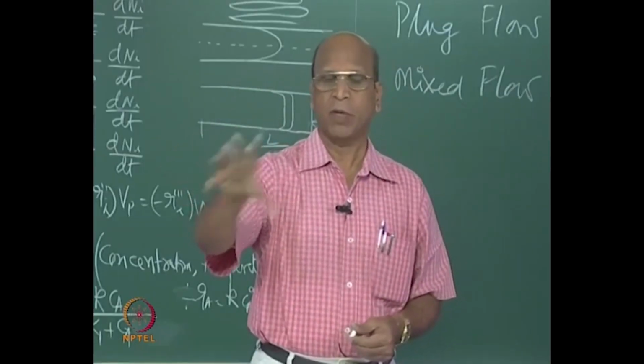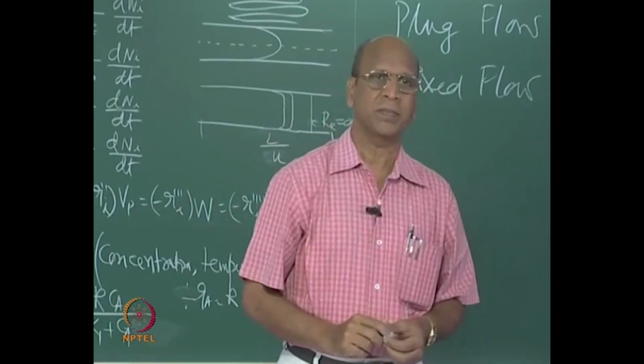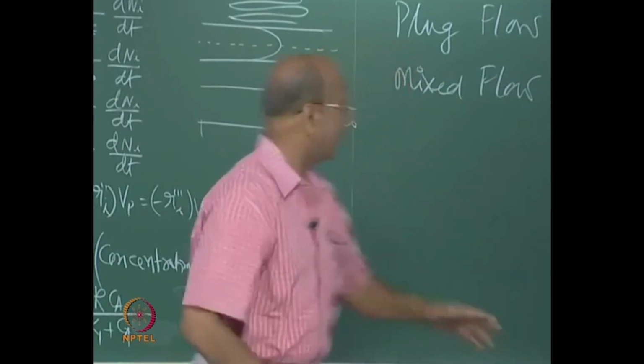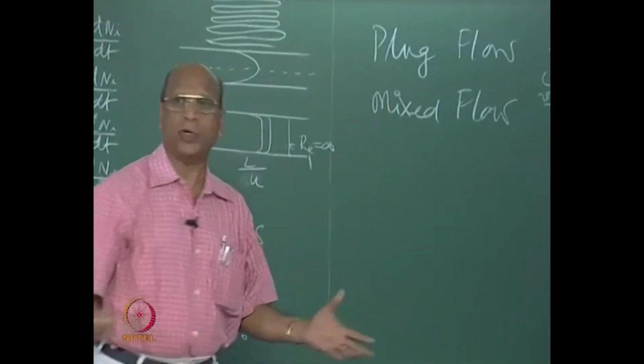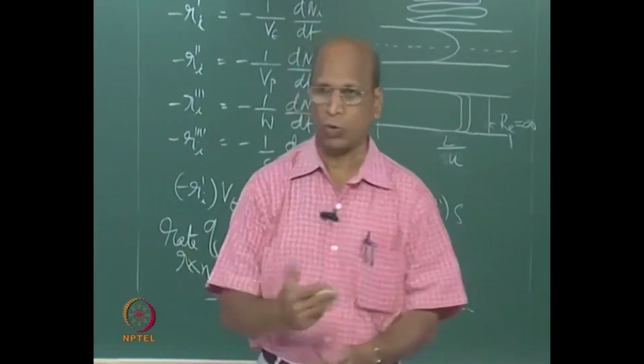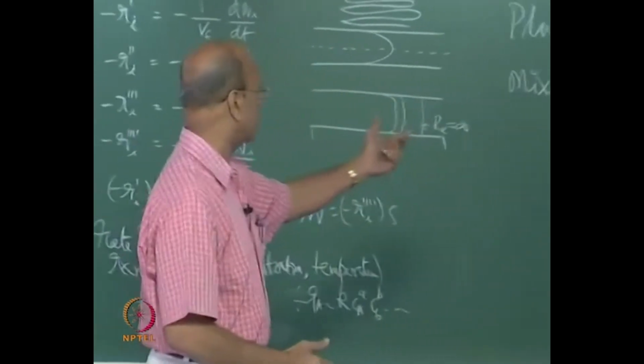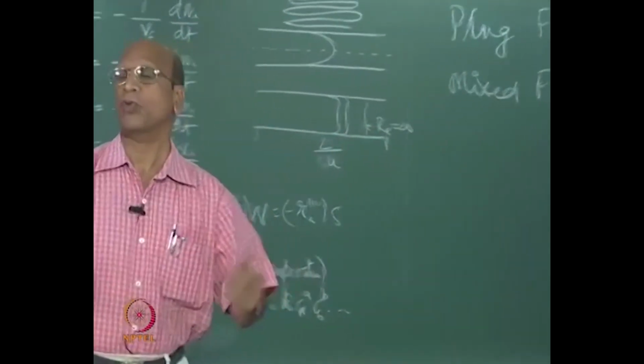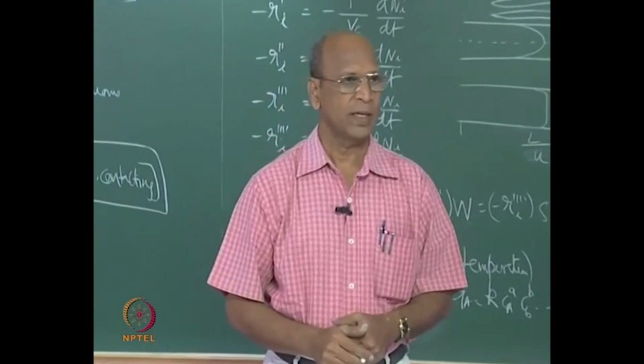Okay? So those are the problems which you have to separately deal with when you are talking about catalyst design, right. So that is why these two are the criteria which normally we take for choosing between continuous and batch, you know how to choose, and also in continuous between plug flow and mixed flow, how do you choose.